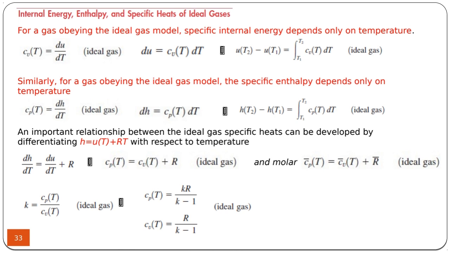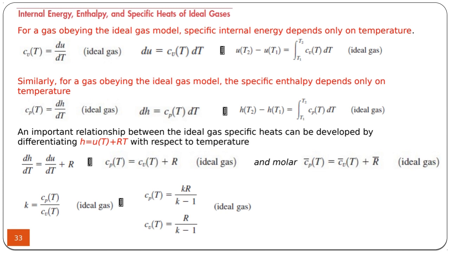This is mass basis. This is the molar basis. When you have a bar on top of something, you need to understand that it's molar basis. So you have a mass basis relationship between the specific heats and a molar basis relationship between the specific heats.